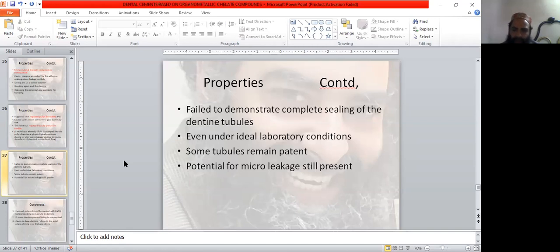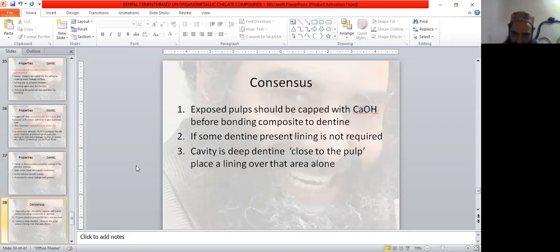Some tubules remain patent, meaning open, and the potential for microleakage is still present. So the consensus is that exposed pulp should be capped with calcium hydroxide before bonding composite to dentine. If some dentine is present, lining is not required.